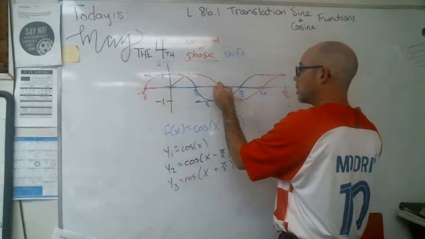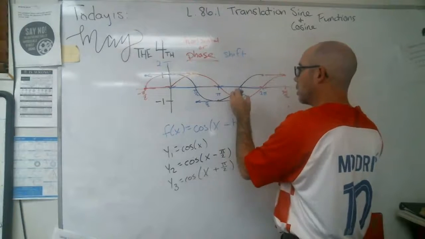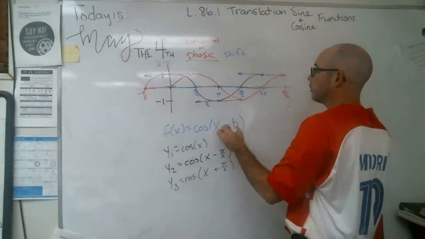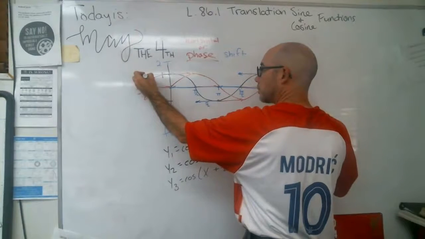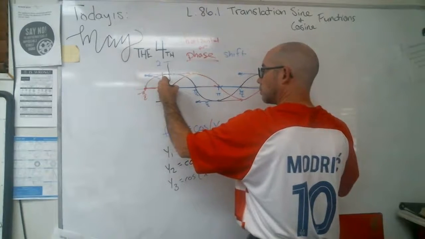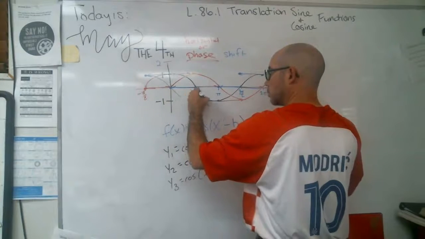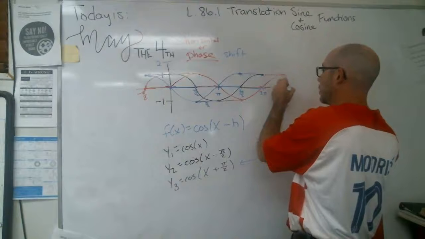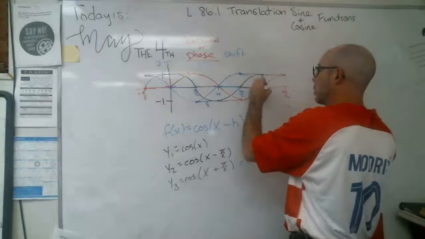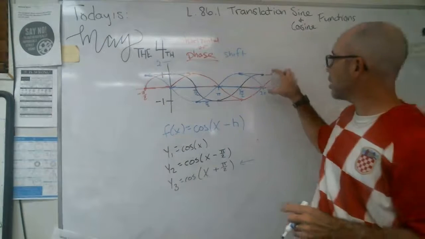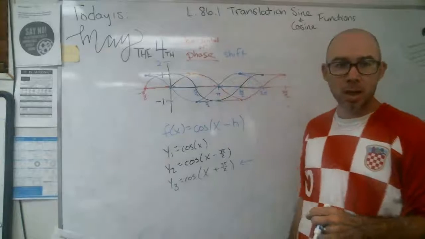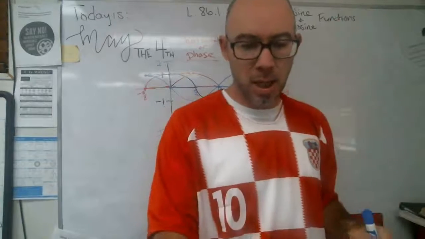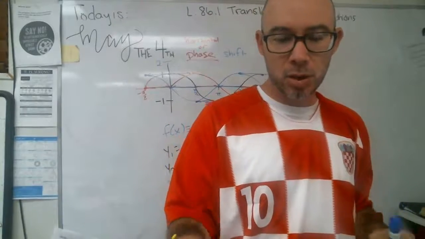This one shifts to here. And this point shifts to here. So what we'll get is, and then I guess this one would shift. I have another one here would shift there. Okay, so now I've taken the black one, I moved it this way, pi over 2 radians. That again, aka phase shift.